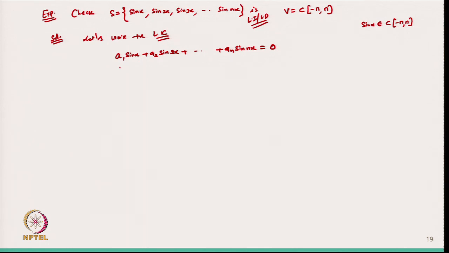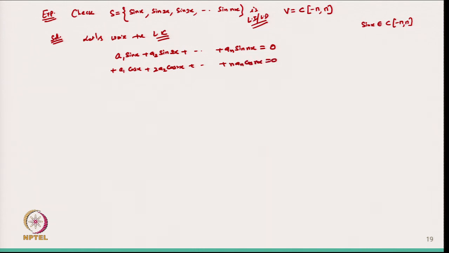Taking the derivative of this, I can write minus a1 cos x plus 2 times a2 cos 2x and so on up to an cos nx equal to 0.